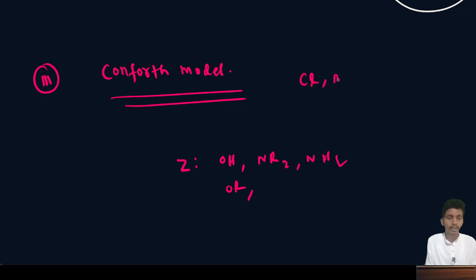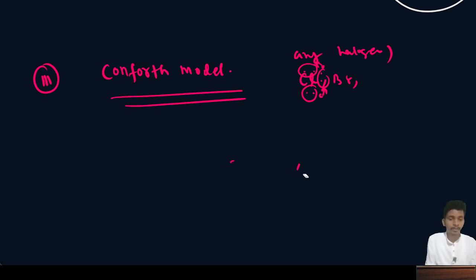Because if chlorine, or any halogen, is there, it has 3 unshared lone pairs, and due to these there will be repulsions, and due to these repulsions this Z group always tries to go anti to the carbonyl group. So if Z is chlorine, the Cram's chelate model will not apply, due to the repulsions present with the halogen.